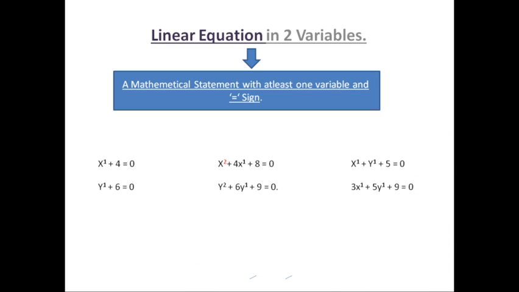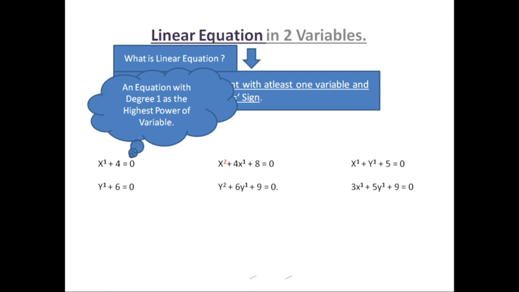Now, having understood what is meant by equation, we move on to understand what a linear equation is. For that, just remember that the degree should be 1, which means the highest power of the variable should be 1. Let's look at the first example. x plus 4 equals 0, where the highest power of x, if nothing is given, we assume to be 1.